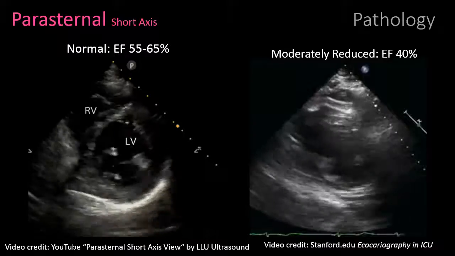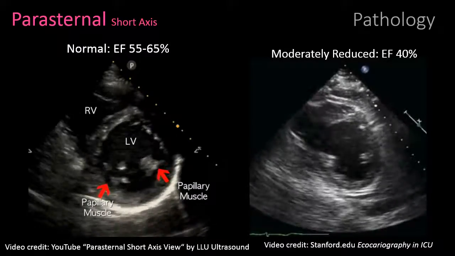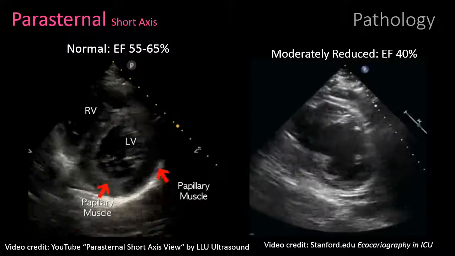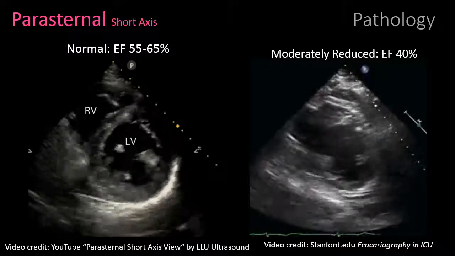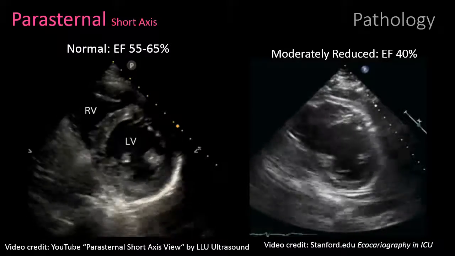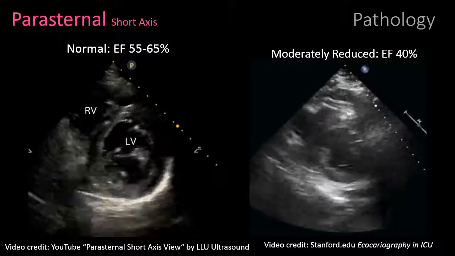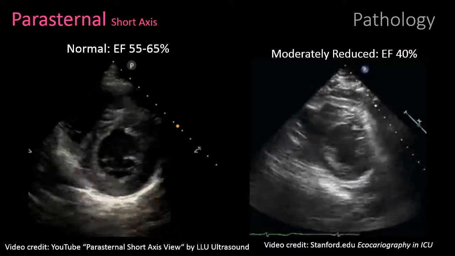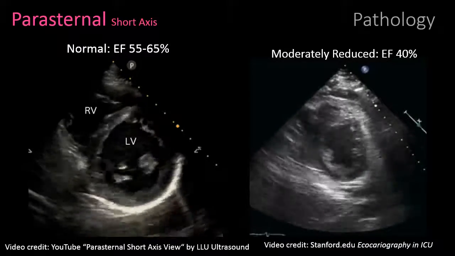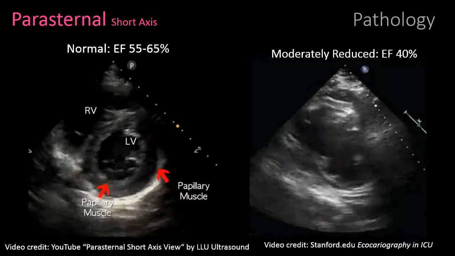So this is a normally moving heart on the left, and if you were to put a finger or a dot right in the center of that left ventricle, you'd see that all the walls move relatively equally inward towards the center. Whereas in the image on the right, you can see that the heart is not a nice circle anymore, and it's really not moving well.